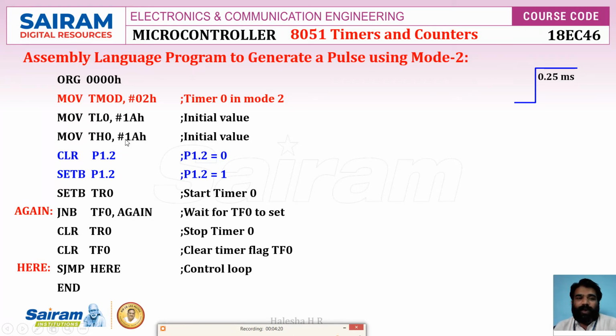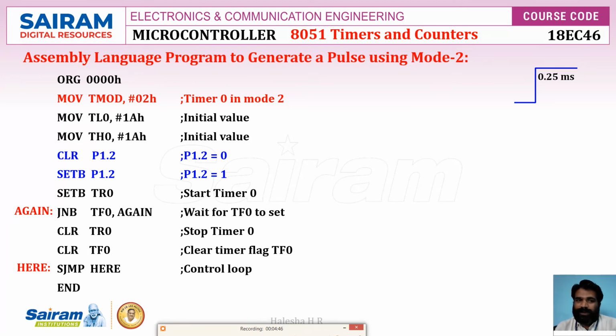The second time we need not load TL0, because whenever it rolls over, a copy of TH0 is loaded back into TL0. And the same: first we make it 0 and then we set it to 1, start the timer, keep monitoring. When it comes out of the loop, stop the timer, clear the flag, just to generate one pulse. This is to generate a high pulse.